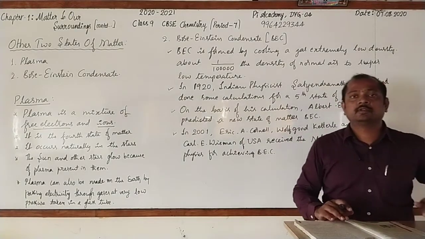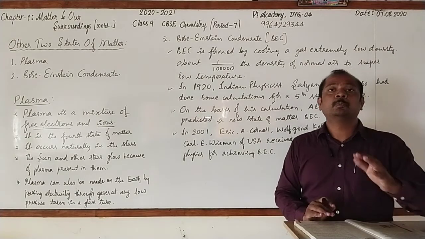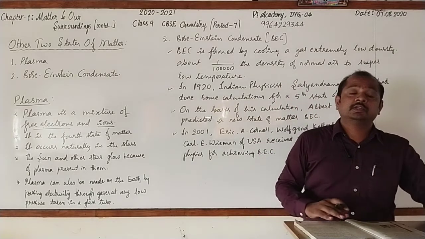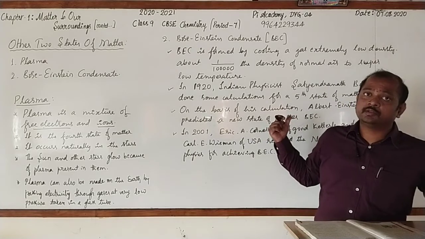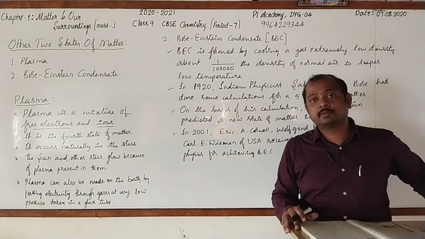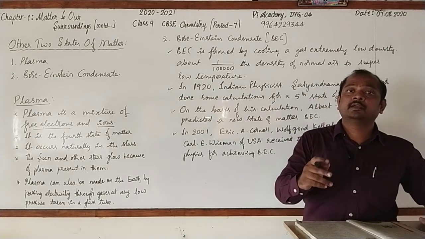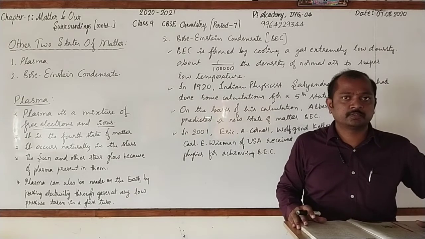Now, dear students, we are moving to the fifth state of matter, that is Bose-Einstein condensate. And we must feel very proud, because some calculation on the existence of the fifth state of matter was made by our Indian physicist Satyendranath Bose.